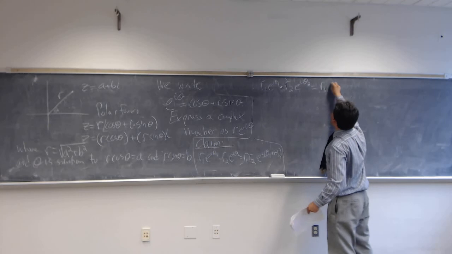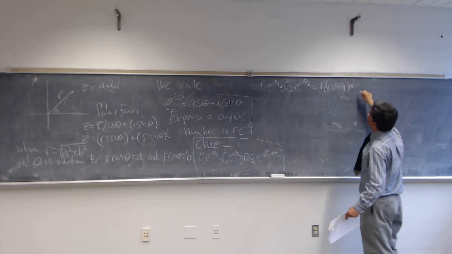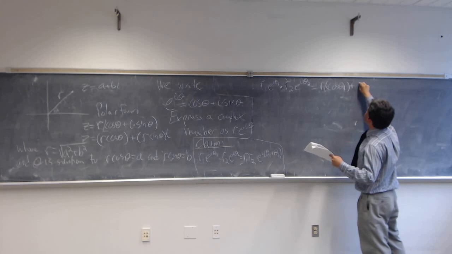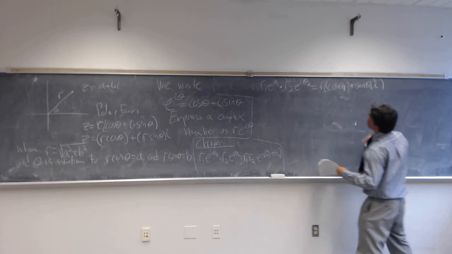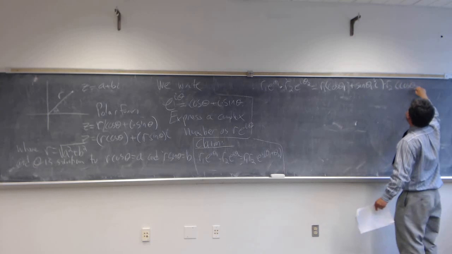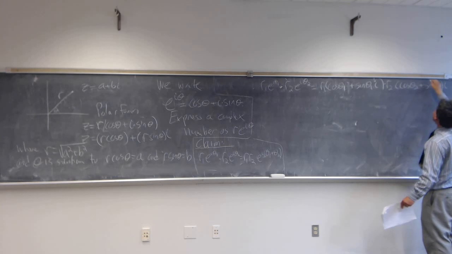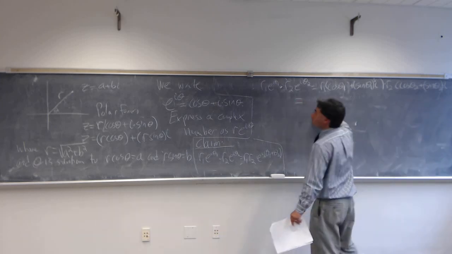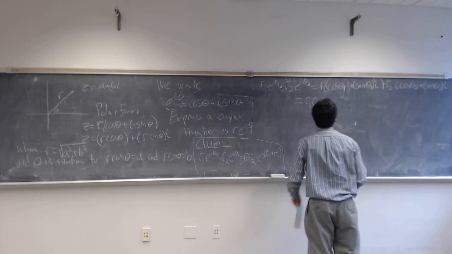This is just R1 cosine theta 1 plus sine theta 1 times I, times R2 cosine theta 2 plus sine theta 2 times I. So we can multiply these R1 and R2s together. We have R1 and R2.